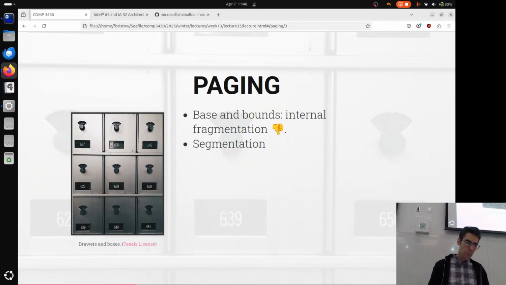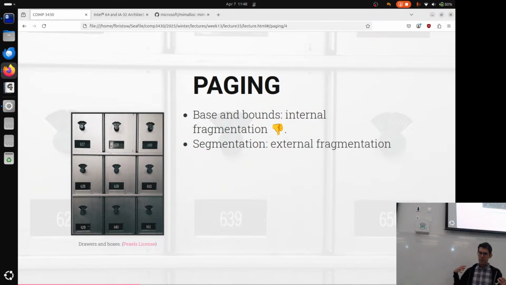The big problem with segmentation is that while we have solved internal fragmentation, we are no longer allocating memory that is not used by the process. We're only allocating as much as is actually necessary. By allocating only as much as is actually necessary, we're introducing external fragmentation. These things that we're putting into physical memory are differently sized.